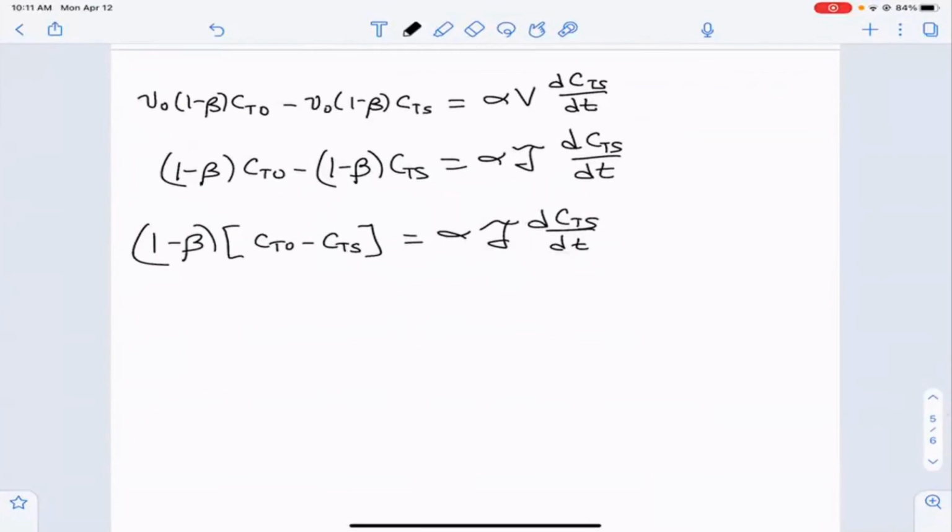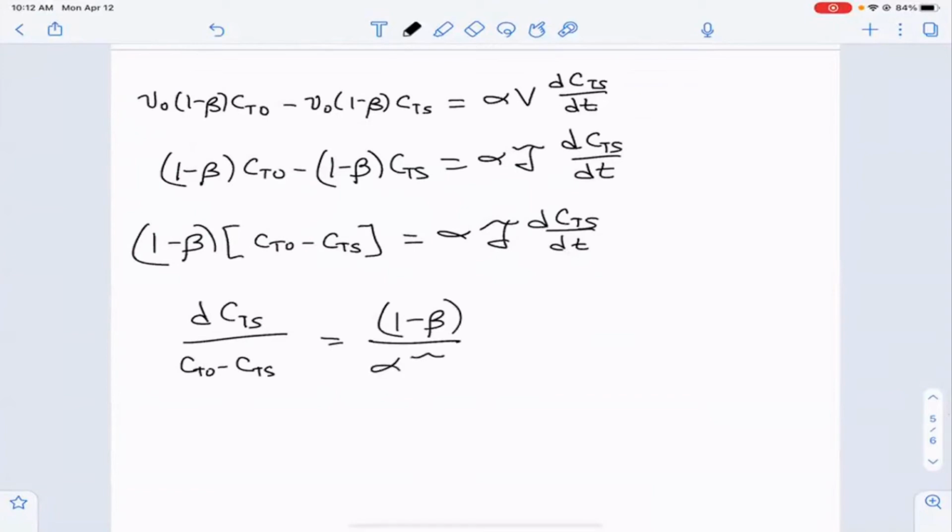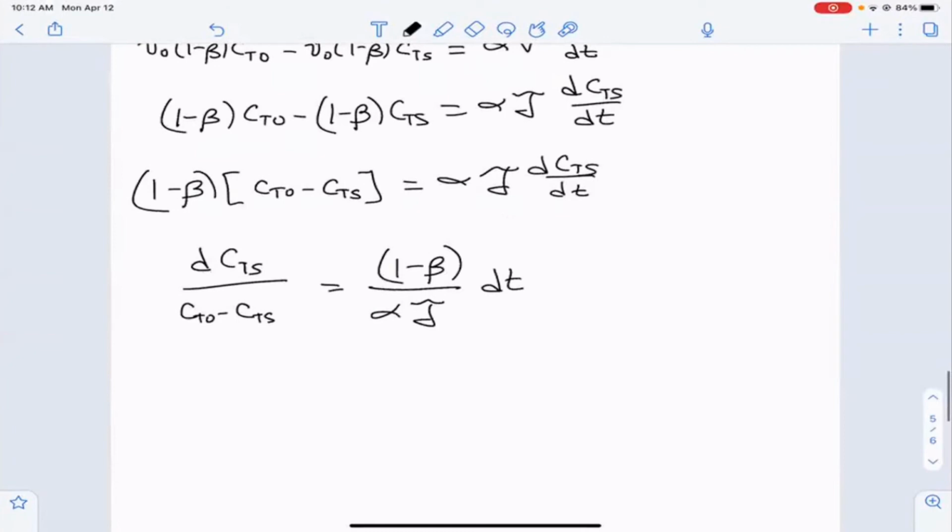So we've got to get everything with CTS on the same side of the equation. And when we do that, this just becomes d of CTS divided by (CT0 minus CTS) equal to (1 minus beta) over (alpha times tau) times dt. And there are several ways that you can go about solving it from here.